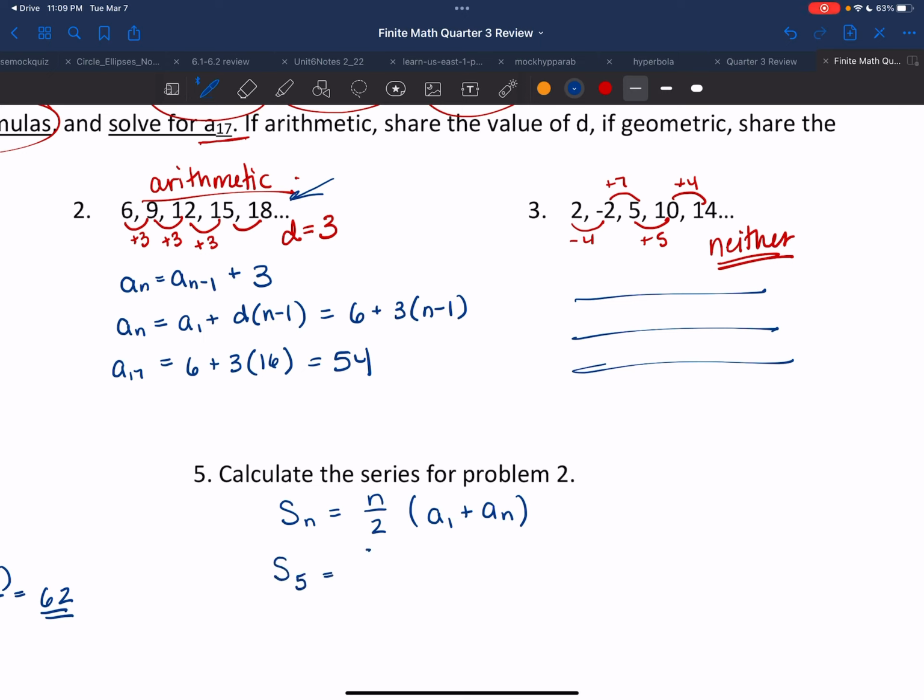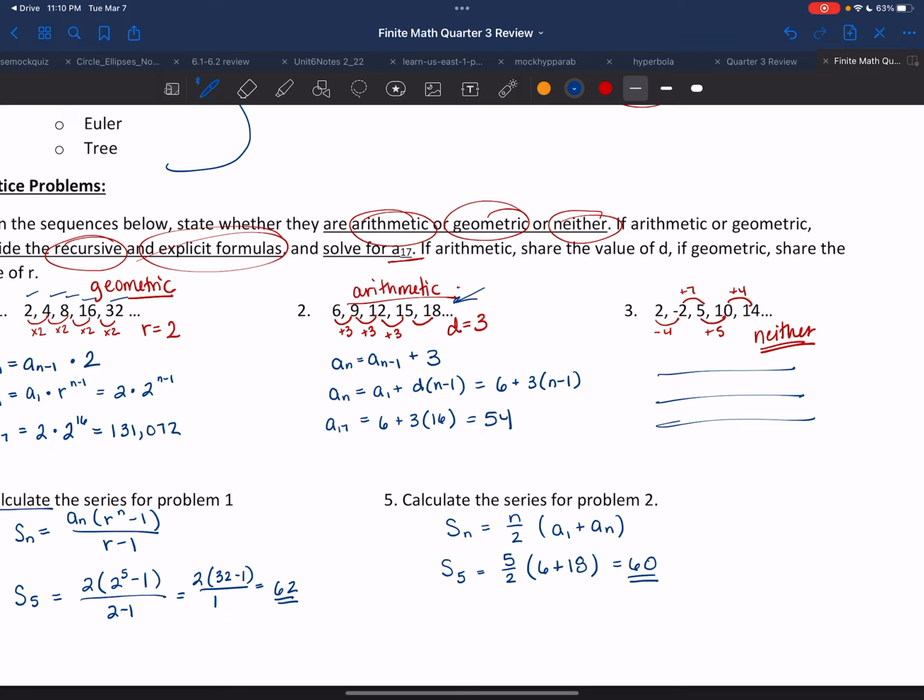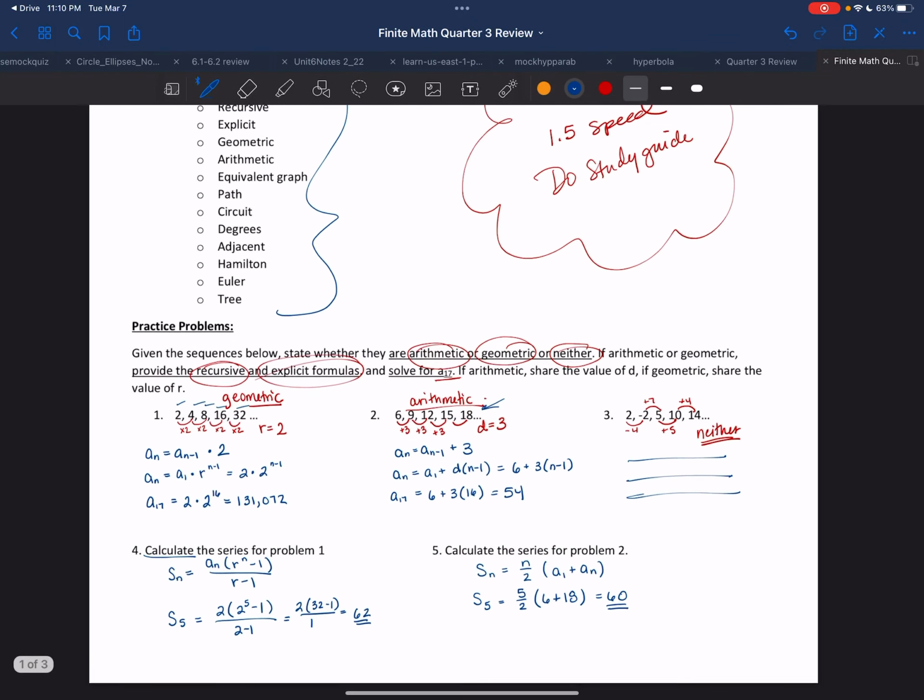So that's going to be 5 over 2 times a1, which is 6, plus 18. Okay, so 6 plus 18 is 24, times 5 divided by 2 gives me 60. Okay, so that is that sequence or series. That is page 1 of your review, and we'll hit page 2 in just a moment.